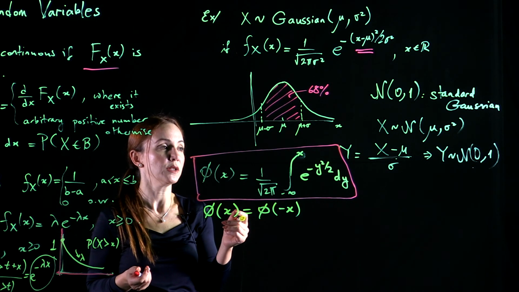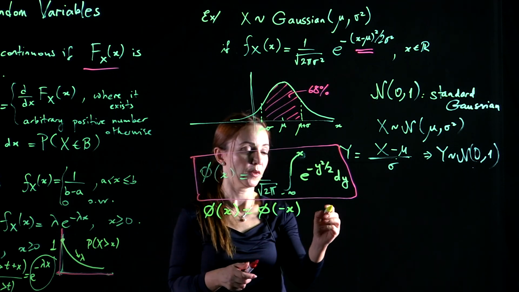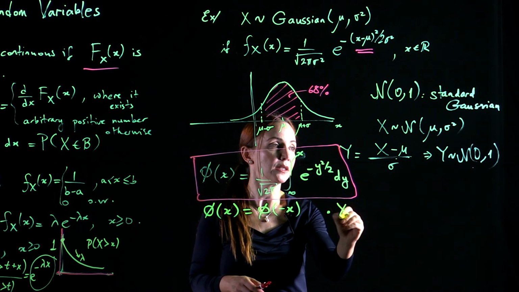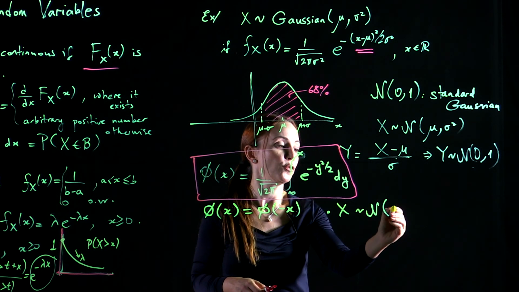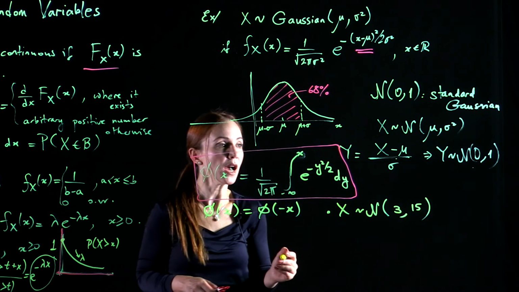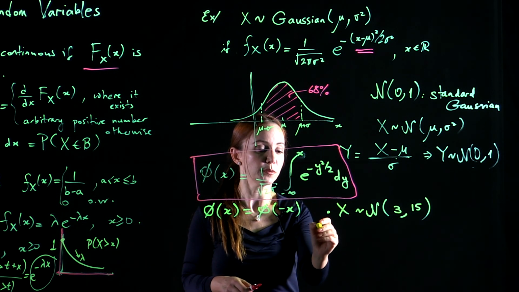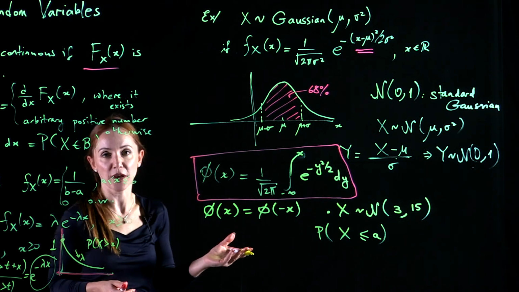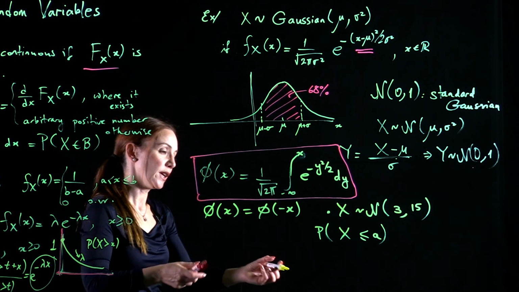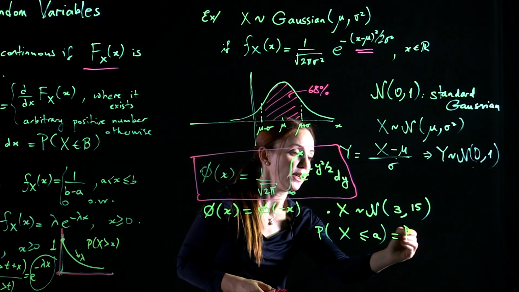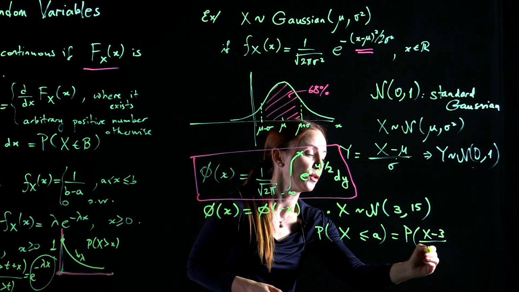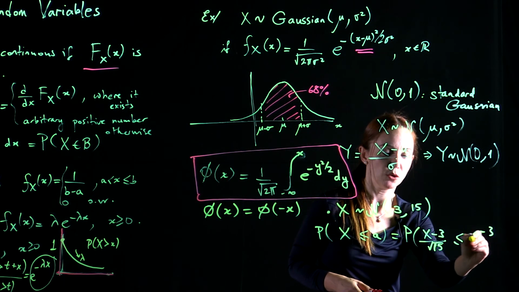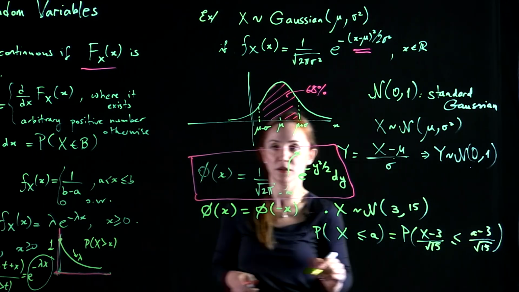Let's see a simple example. Let's say x is normal with mean 3 and variance 15. And we want to compute the probability that x is less than or equal to a, for some value a. What we can do is express this as the probability that x minus 3 over square root of 15 is less than or equal to a minus 3 over square root of 15.